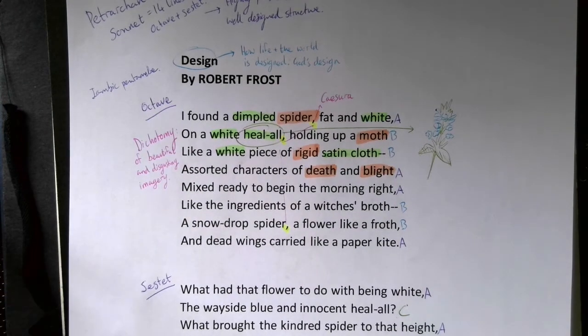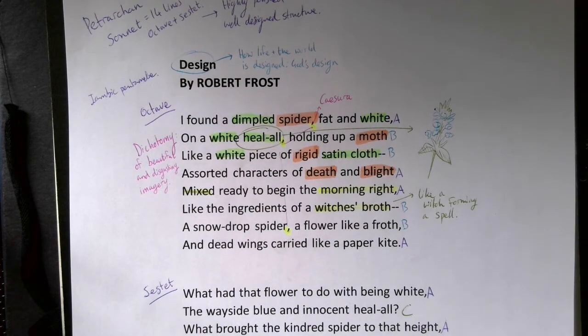What we see here is a dichotomy, which is where you take 2 opposites of one another, of beauty and disgusting imagery. So spider, rigid, moth, death, blight, white, dimpled, heal-all, mixed up entirely. And he states this here, that it's mixed and ready to begin.